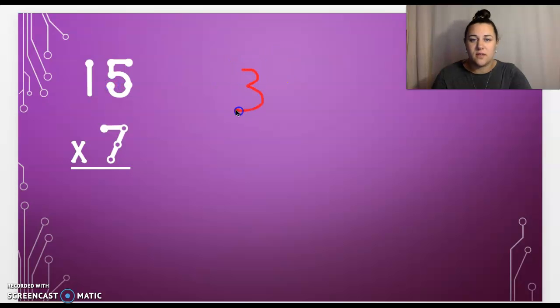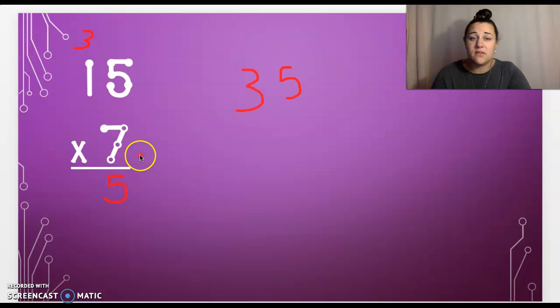Oof, now 35 looks like this. And I have another number over here, so there's not enough room on the bottom for 2 digits, only 1. So I put my 3 over here, and I put my 5 down below. 1s go below, 10s go above. Okay? Now I can do 1 times 7, because the 5 is all done. He did his job. Now it's the 1's turn. And we know 1 times a number is always that number.